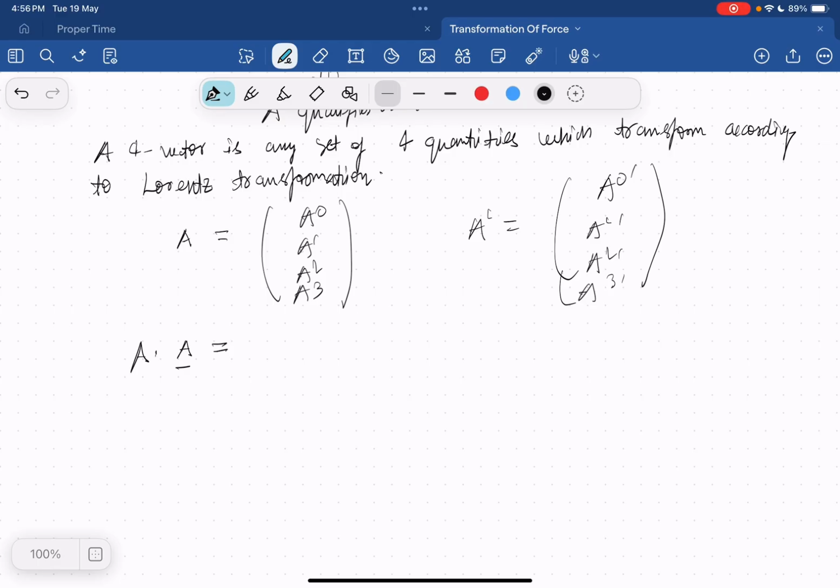This is defined as A0 squared minus A1 squared minus A2 squared minus A3 squared.